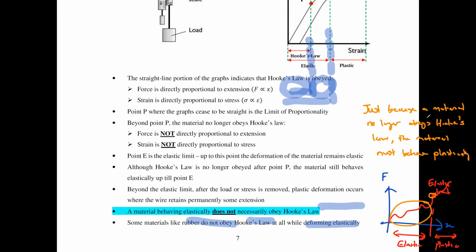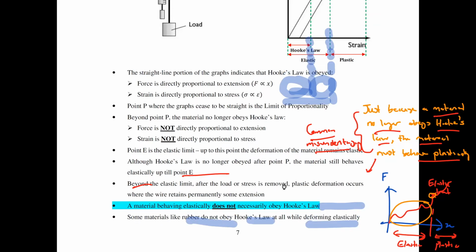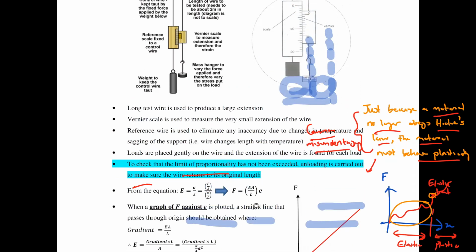This one is a common misunderstanding. Okay, a lot of people always think this. Just because a material is no longer obeying Hooke's law, the material must behave plastically. No, this is a common misunderstanding. You can no longer obey Hooke's law, but you can still behave elastically. All right. Rubber is a very good example. It doesn't obey Hooke's law, but it still behaves elastically. All right. So that part is okay.